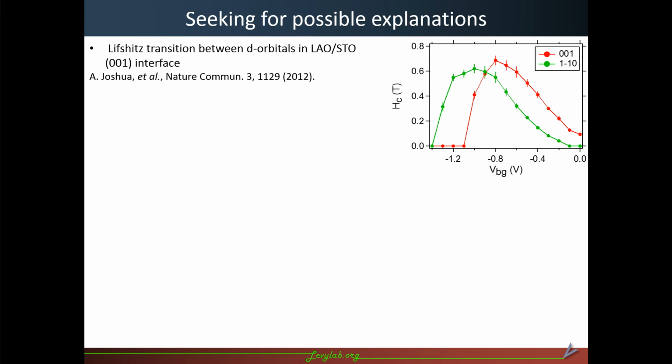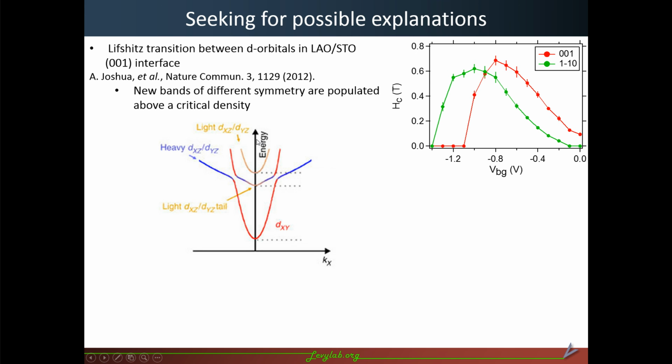Probably this is related to the Lifshitz transition in the LaAlO3 interface. In Ariando's paper, they studied the Lifshitz transition in the 001 LaAlO3 interface. Basically, a Lifshitz transition means new bands of a different symmetry are populated when the carrier density is above a critical value, because the band structure of the 001 LaAlO3 interface looks like this.